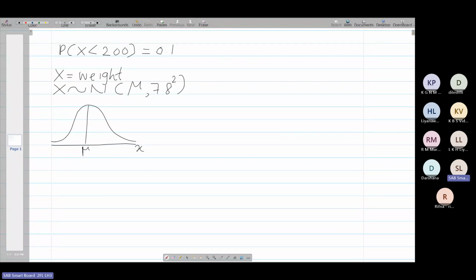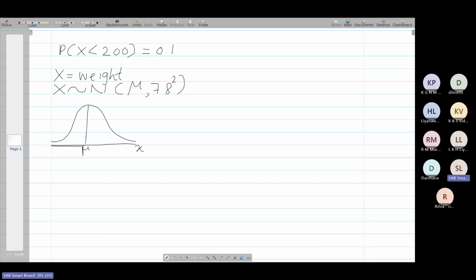Then the area under this curve represents the total probability. It means 1. Area under this curve is equal to 1. Then what part is 0.5? Up to that point, 50%. Less than 200 is 10%, so 0.1. The less than side is this one. 10% is less than that.